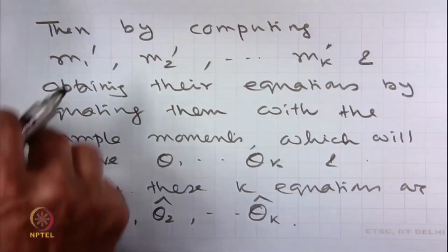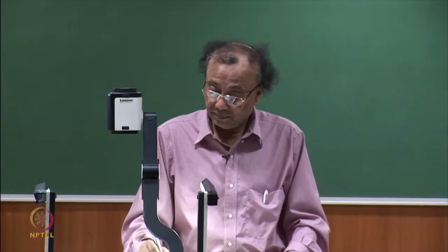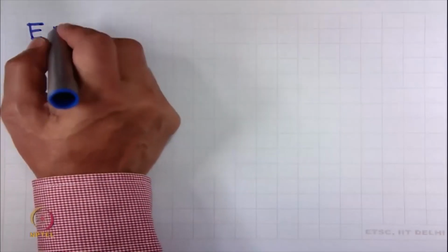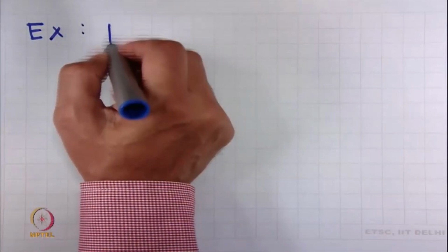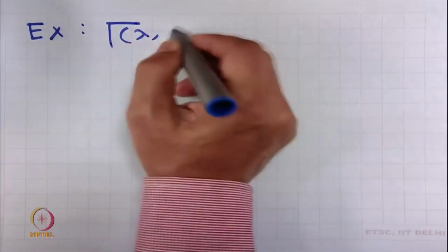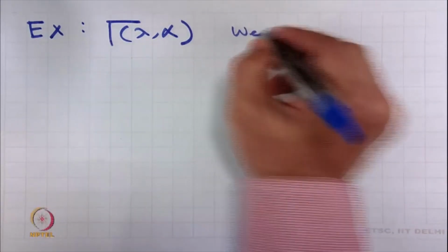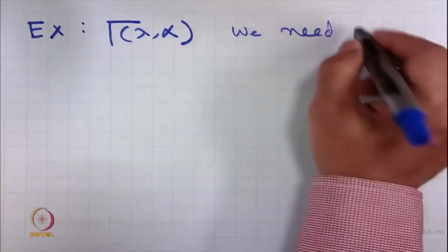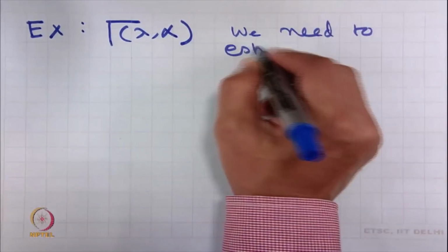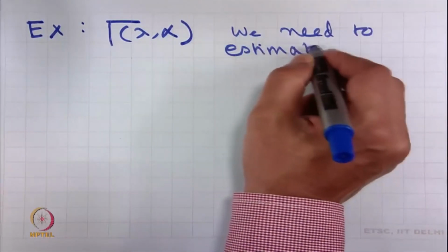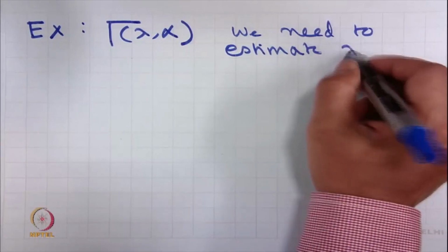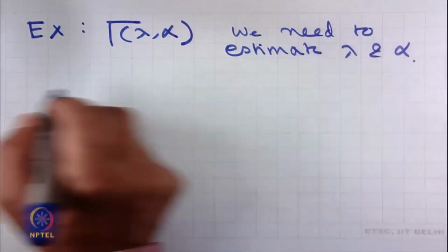So, let me give you an example. Gamma (lambda, alpha). We need to estimate lambda and alpha.